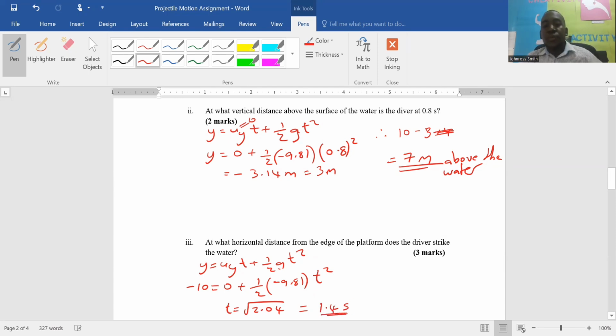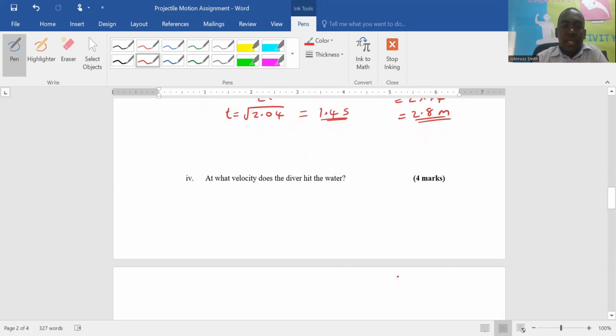So it takes 1.4 seconds to reach the surface of the water. So to know how much distance it's covered, we use the initial velocity, which is 2, times the time 1.4, which gives us 2.8 meters horizontally that he would have traveled to hit the water.